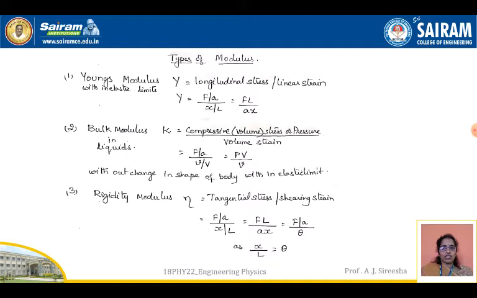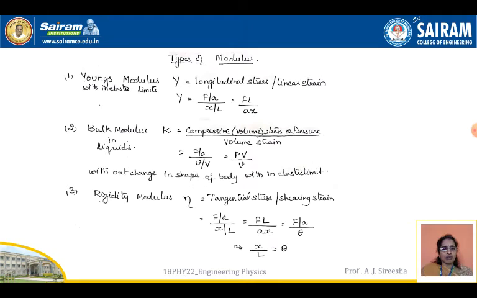So if you do this, force per unit area is nothing but the pressure. So PV by change in the volume. So PV by small v, without the change in the shape of the body within the elastic limit. That means bulk modulus is a ratio of compressive stress to the volume strain without change in the shape of the body within the elastic limit.